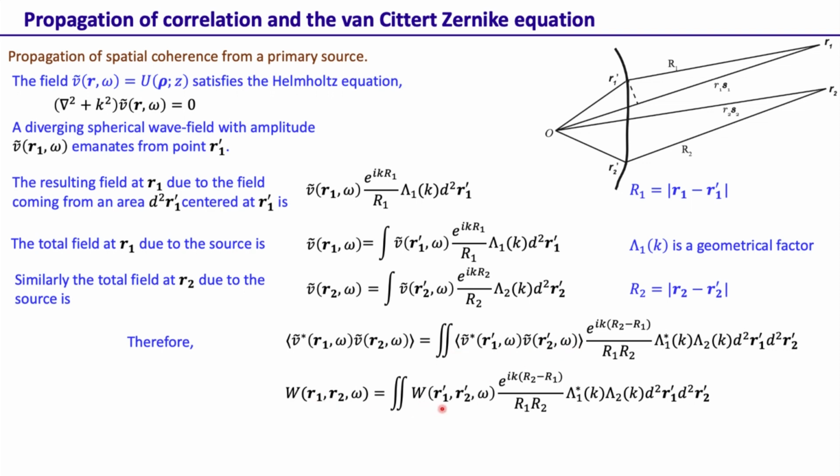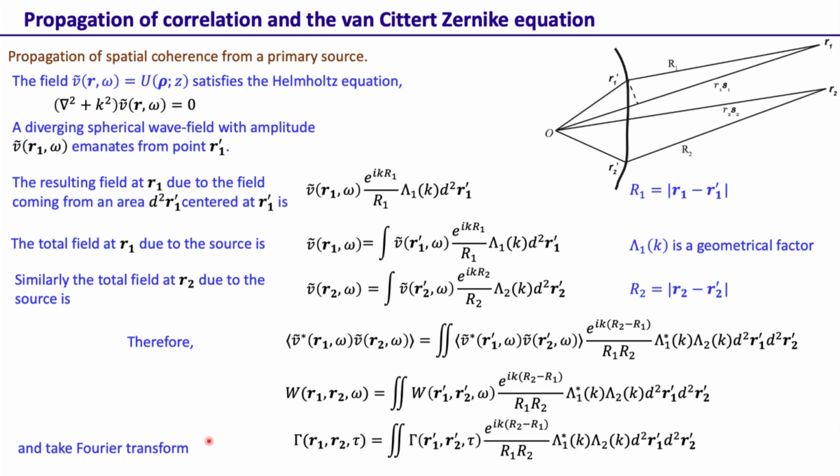This quantity is the cross spectral density function involving r1 prime r2 prime, and these are the remaining factors. And if we take the Fourier transform, this becomes the cross correlation function, and we see that the cross correlation function at r1 r2 is related to the cross correlation function at r1 prime r2 prime in this manner.